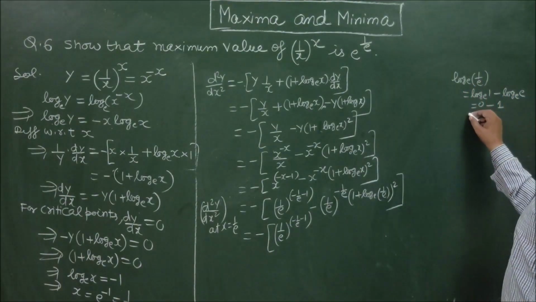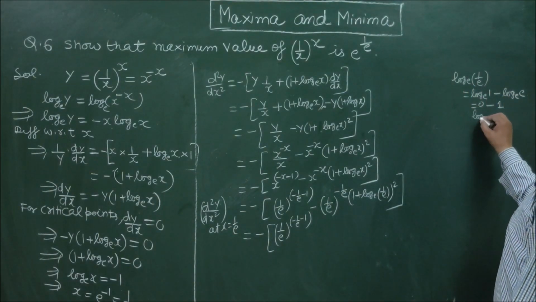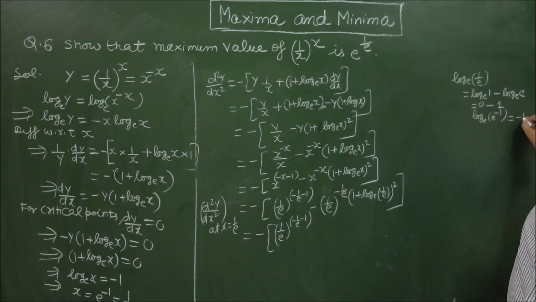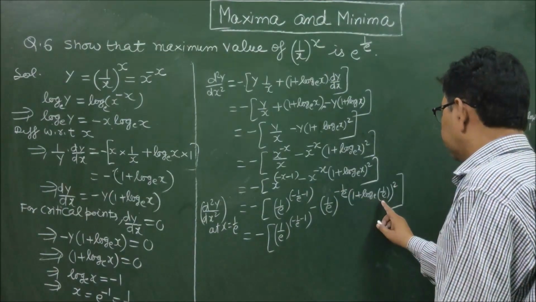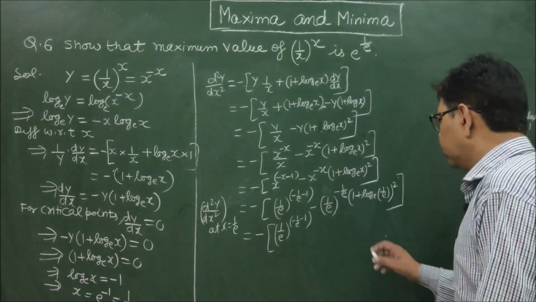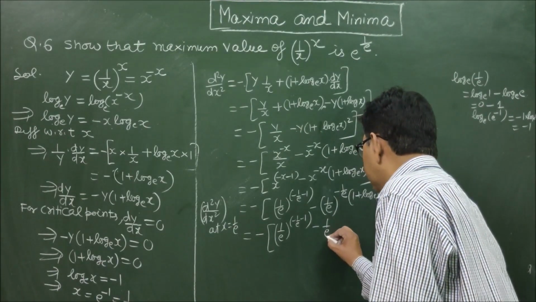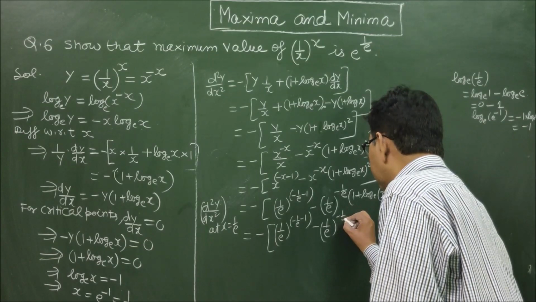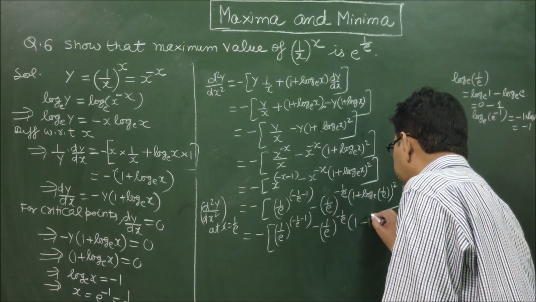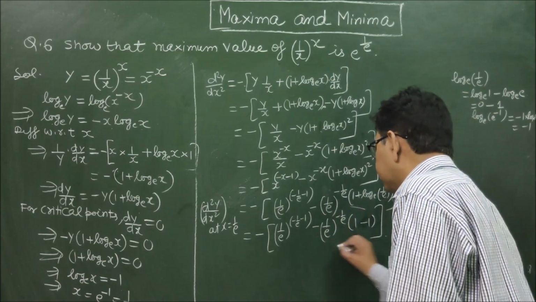Or you can solve it the other way: log base e of e raised to the power minus 1, so this is equal to minus 1 into log e. So the value is equal to minus 1. If we put minus 1 here, then this whole expression will become 0. So minus (1 upon e) raised to the power minus 1 upon e, (1 plus minus 1), that is 1 minus 1. So this whole expression will become 0.